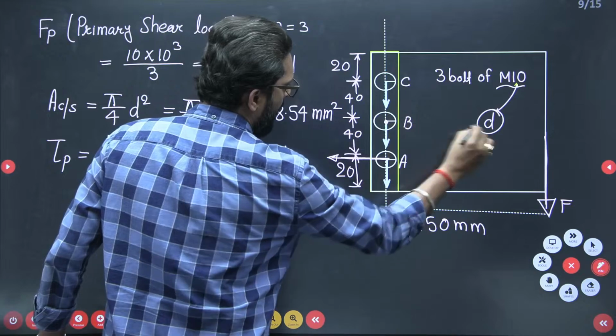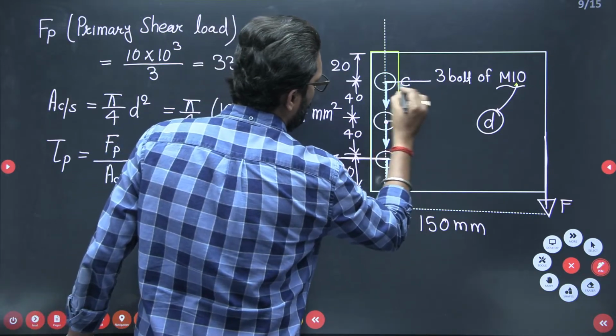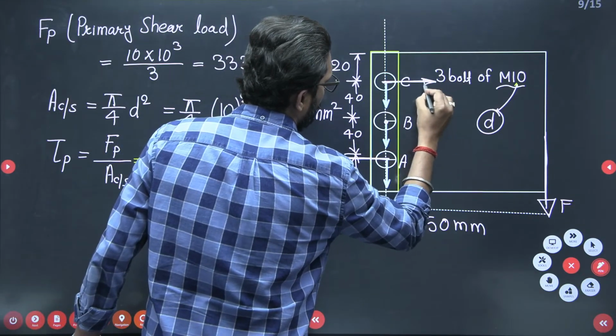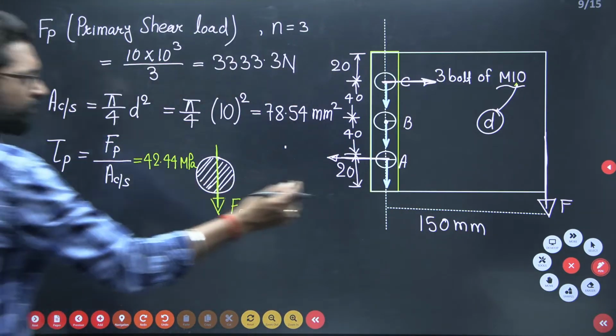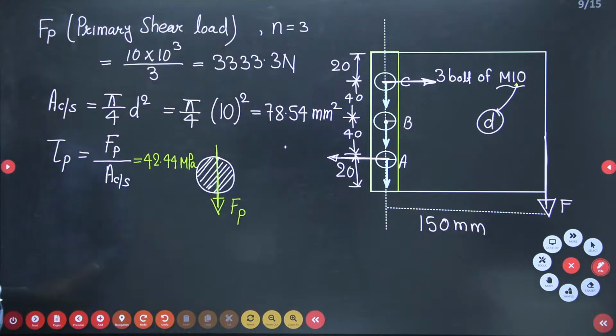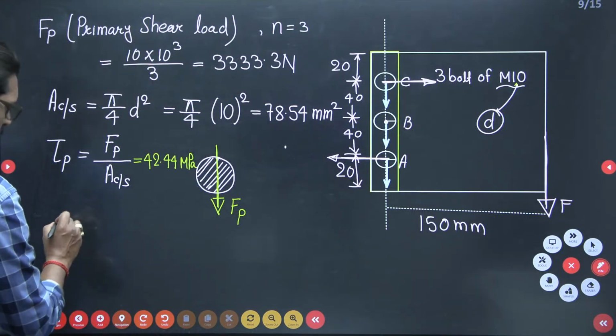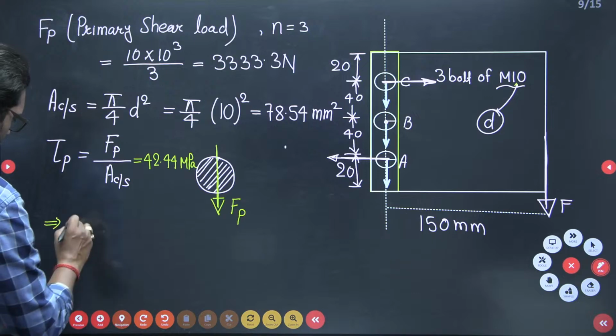Why? Because this is at the middle, and this one is in this direction. So this creates a secondary shear. What is that? This force into the perpendicular distance. You have to find the secondary shear.